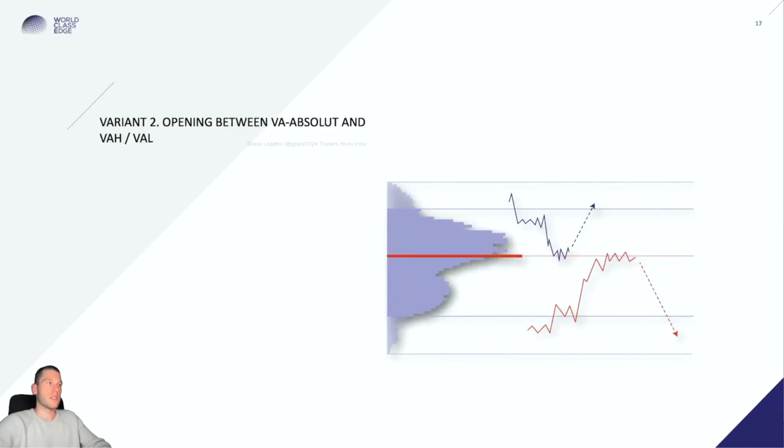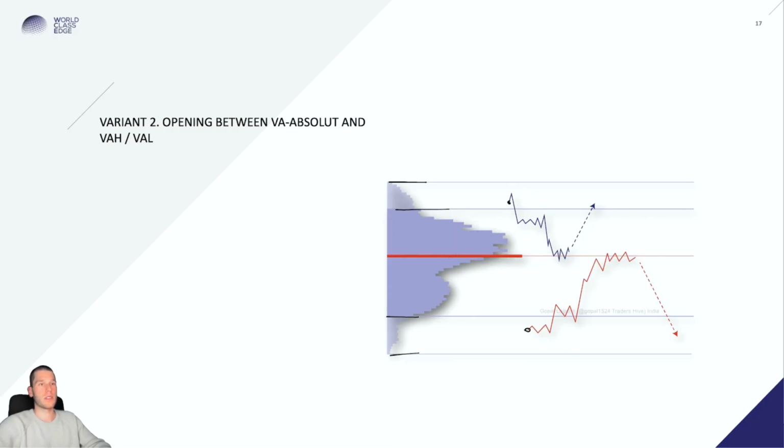Opening variant 2 is that the market opens between the absolute high of the previous day and the value area high, or opens between the value area low and the absolute low of the previous day. So we have the opening here, or we have the opening here.